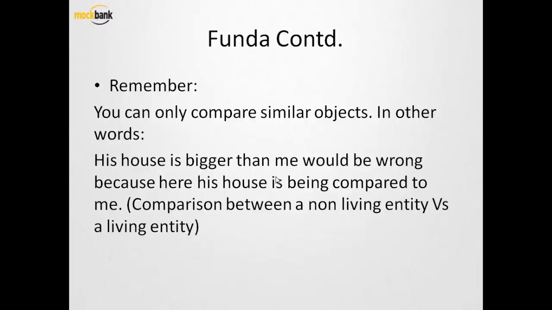The sentence is grammatically incorrect because over here someone's house is being compared to someone's personality. That means the comparison itself is flawed. Why? Because there is a comparison being done between a non-living entity and a living entity.